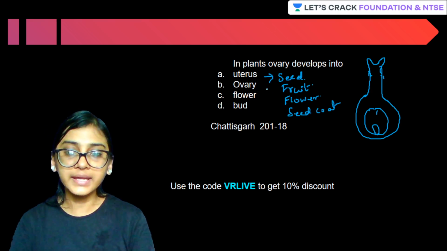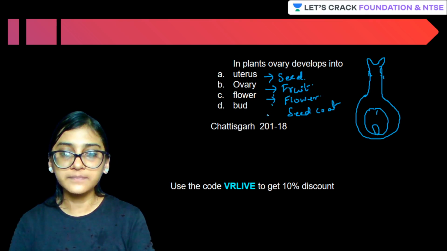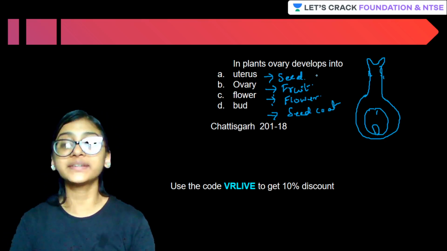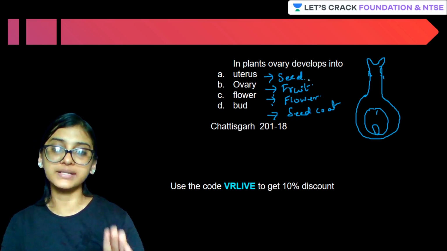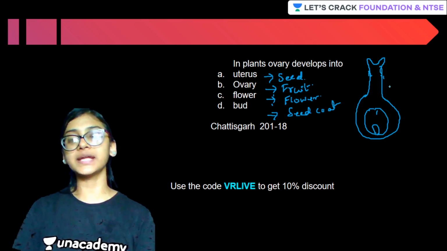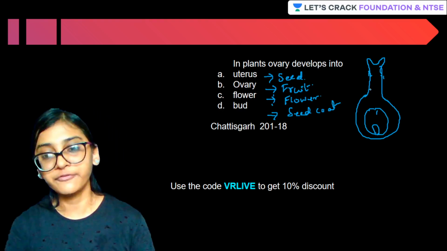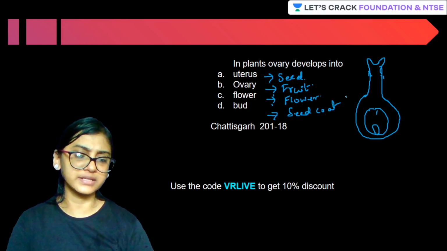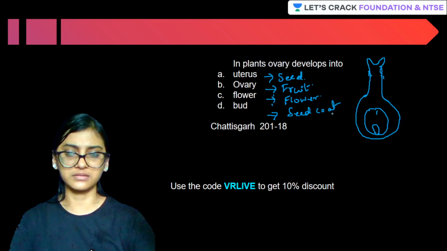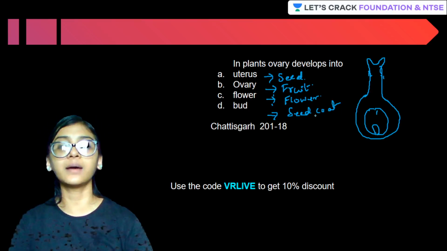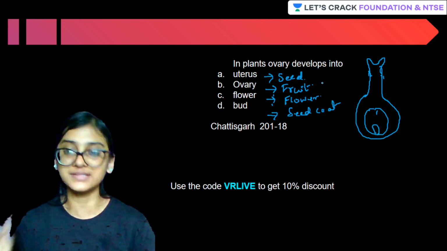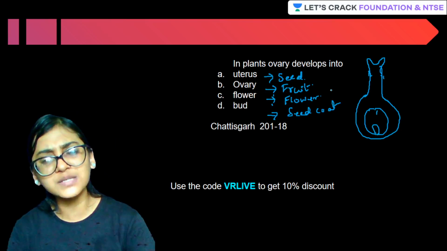Yes, A, B, C, D. So if these are the options, what can be the right answer? Options might have been different in the real Chhattisgarh stage 1 exam, but the question is the same and the answer is the same. So the answer is very simple, students.